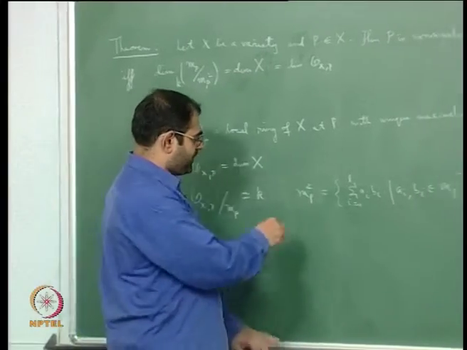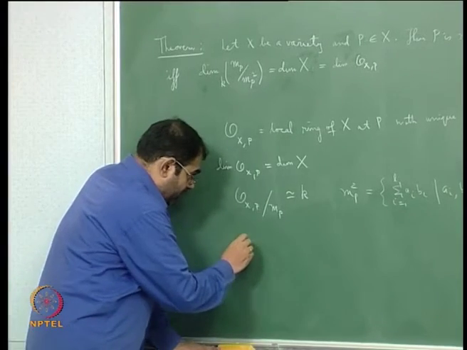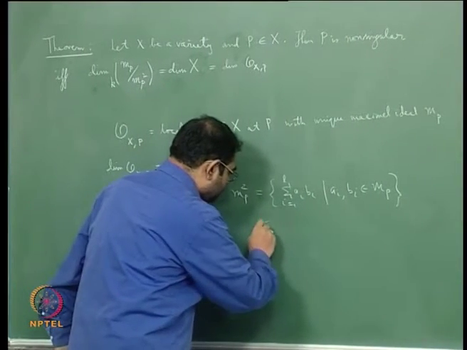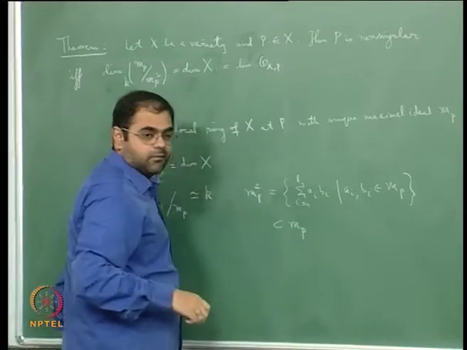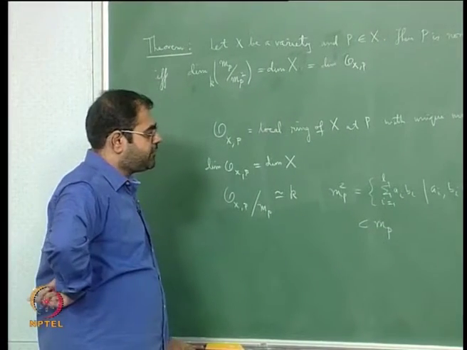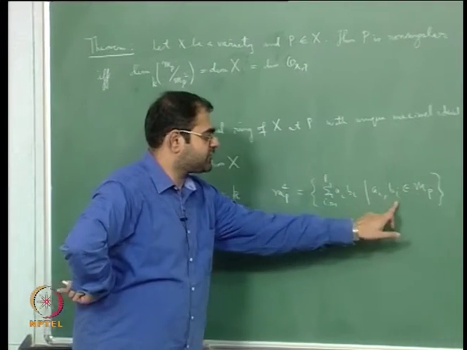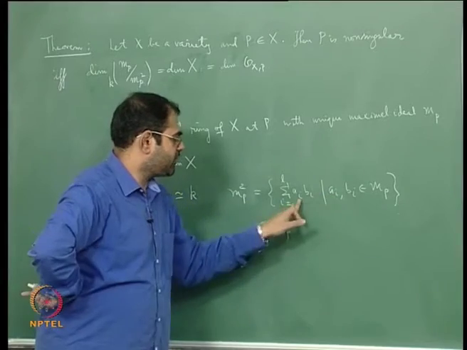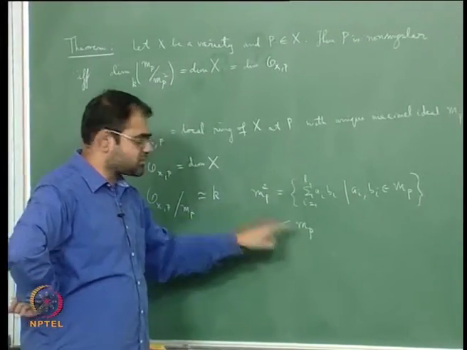And of course this is contained in MP, because if you take two elements of this ideal and multiply them out, the product is certainly in the ideal, and such finite sums are also there.